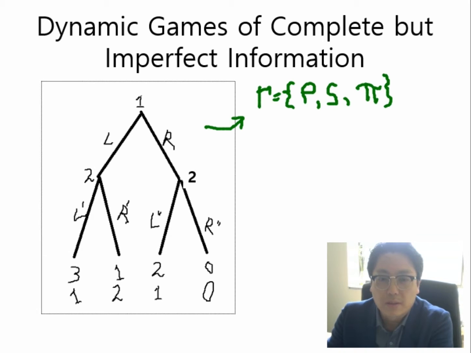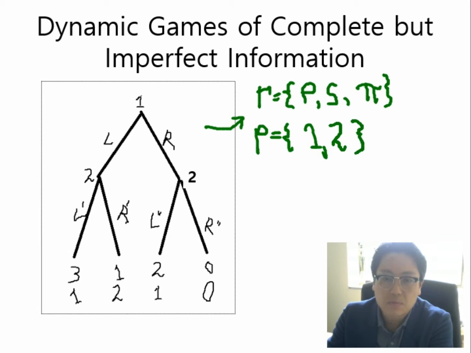And now look at this. So to construct a normal form game, we need three components: player, strategy, and payoff. We can extract this information from this game tree. So if we look at this game tree, we know that the players are just the first player and second player. Now think about the strategy.